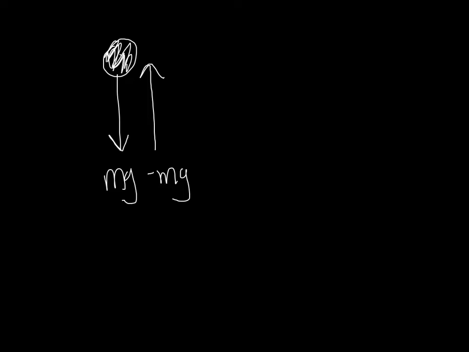So if we were to draw that in what's called a free body diagram, we would use a point to represent that object, no matter if it's a TV or a couch or an anvil or what. We would use a point, and we would say that the force down is mg, and the force back up, we would want to be careful to try and make it the same length, just the opposite direction, would have a value of negative mg.